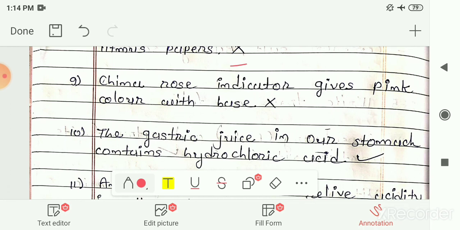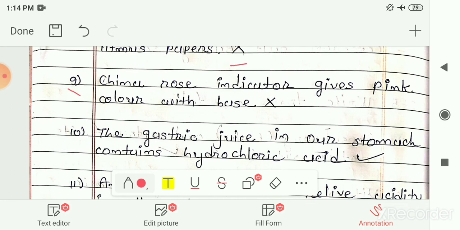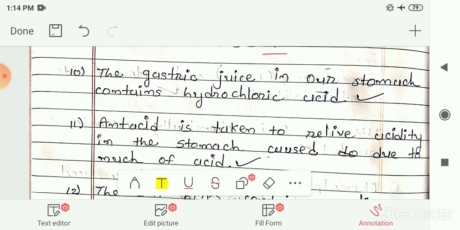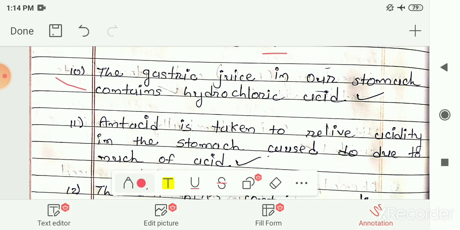Next, ninth number, China rose indicator gives pink color with base. So here your answer is false. The next, tenth number, the gastric juice in our stomach contains hydrochloric acid. So here your answer is true.